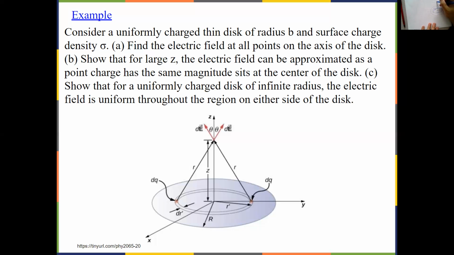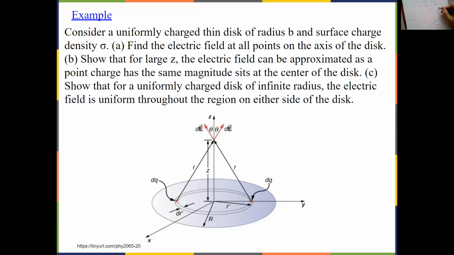For that ring, the electric field at that point will be dEz, because we are taking a small part of the disk. That would be equal to what we got earlier.